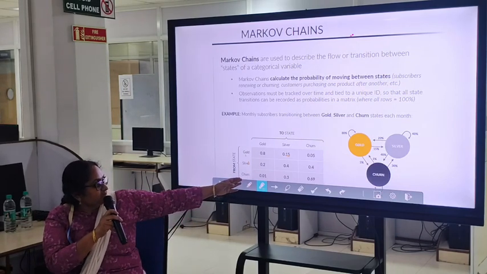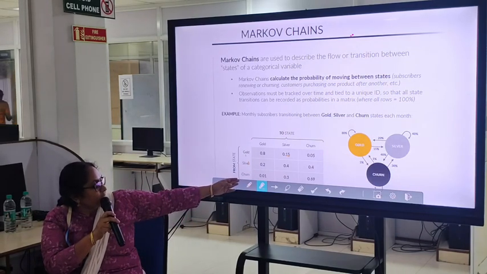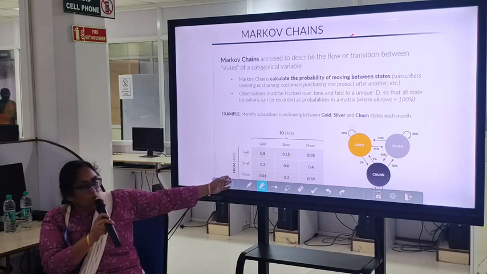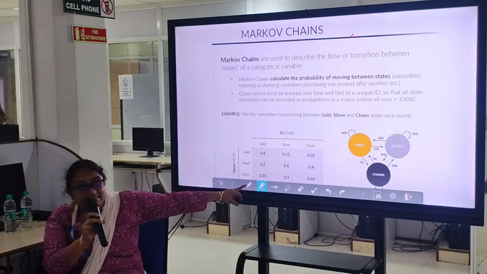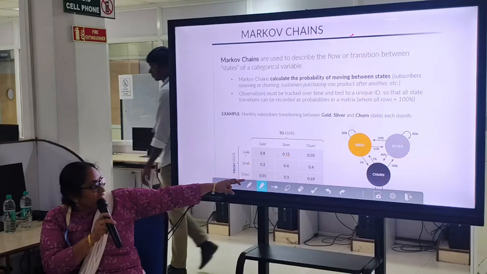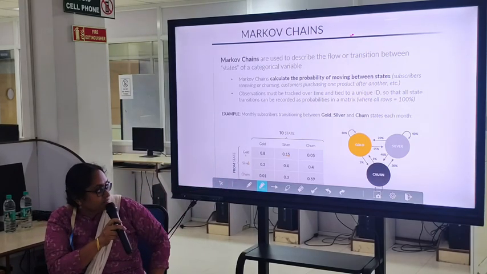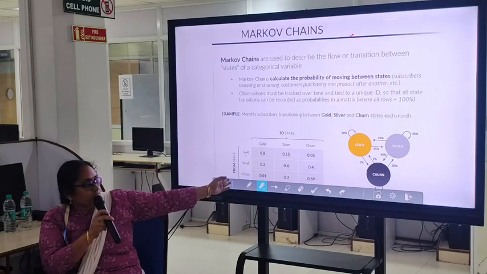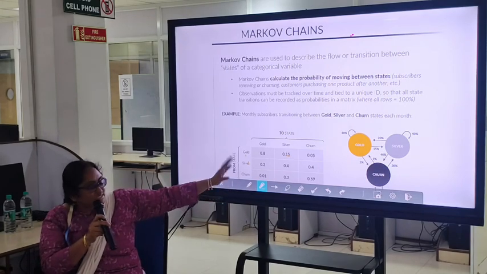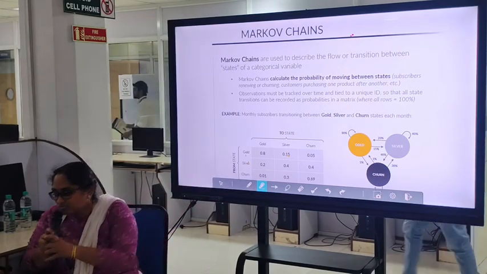If you see here, 1% of the people who have churned are likely to return to gold. 3% of them who have churned are likely to return to silver. 69% of them are likely to churn again. So this is all we have.